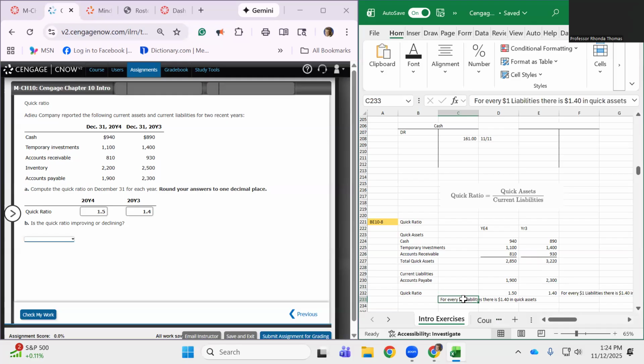Well, you probably would rather have $1.50 to pay them. So they're moving in a favorable trend. This is a favorable trend from last year, which was year 3 to year 4. So it is favorable. It's improving, right?